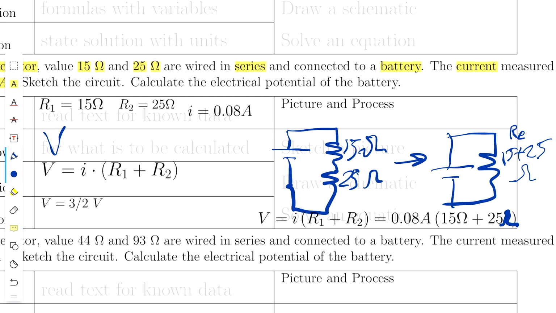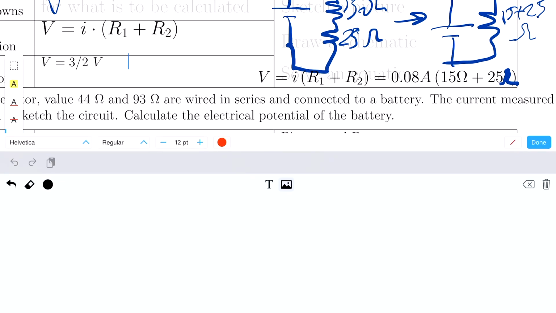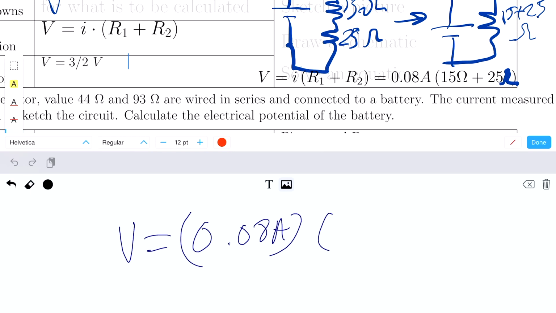And let's go ahead and put that over here. So V equals 0.08 amps times the equivalent resistor, which is 40 ohms.